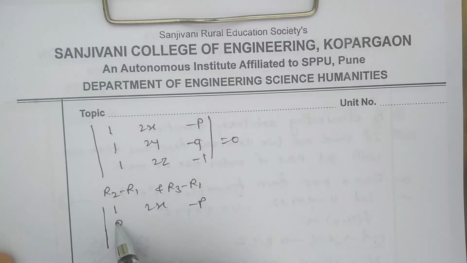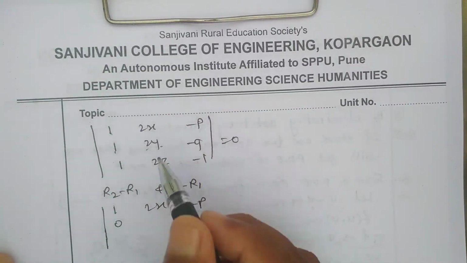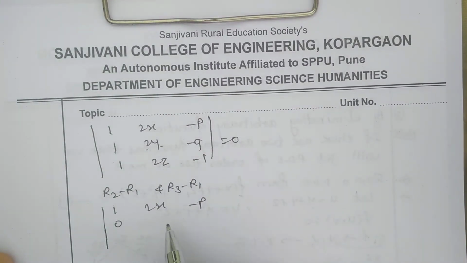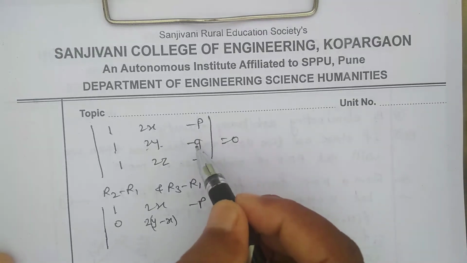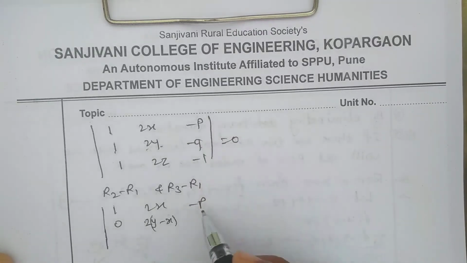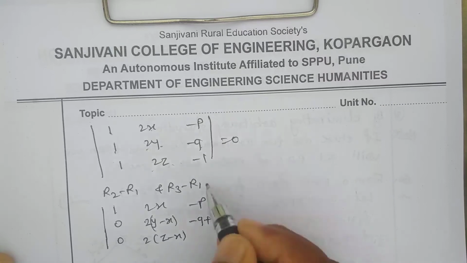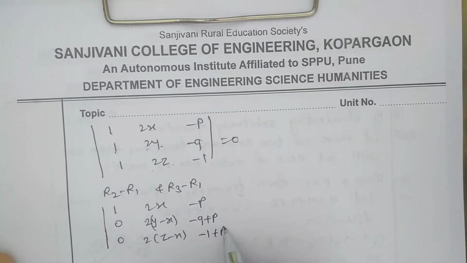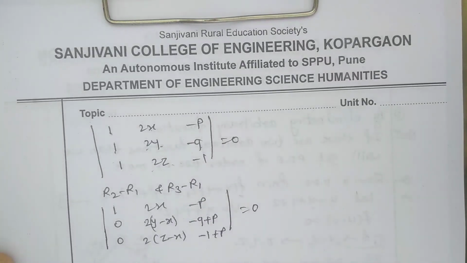Then 1 minus 1 is 0, 2y minus 2x, it is 2 times (y minus x), and here minus q minus minus, plus p. Then 1 minus 1 is 0, 2z minus 2x, that is 2 times (z minus x), minus 1 minus minus, plus p, equals 0.